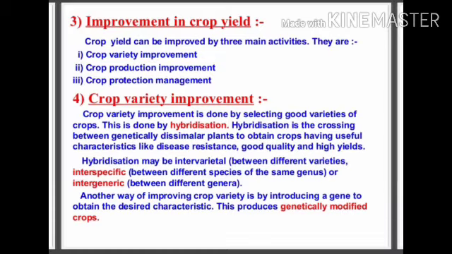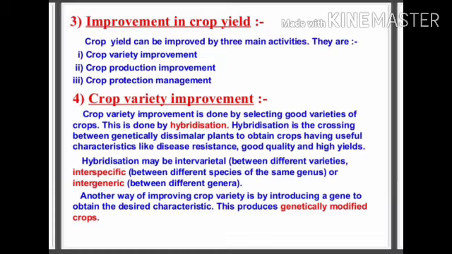The variety of a crop can be improved by hybridization, as hybridization is crossing between genetically dissimilar plants to obtain crops having useful characteristics, like being disease resistant or disease free, good quality seeds being produced, and high yields.